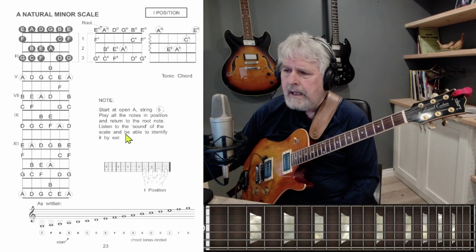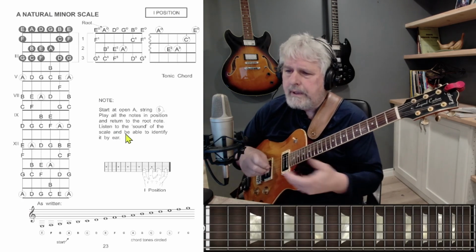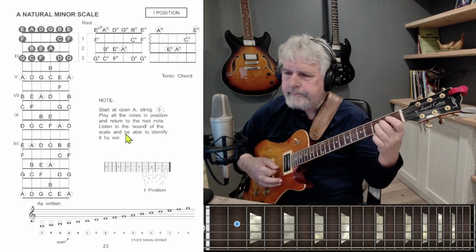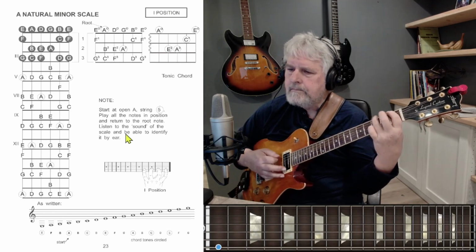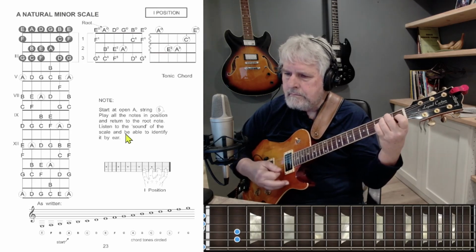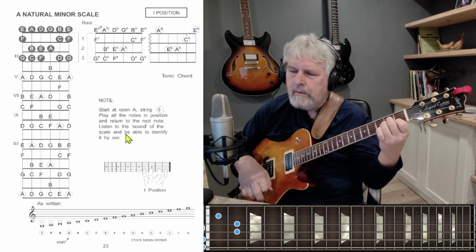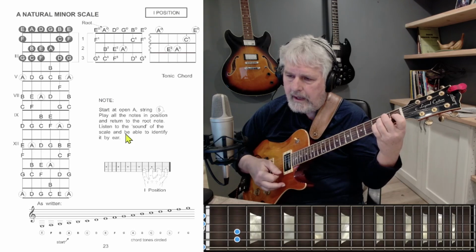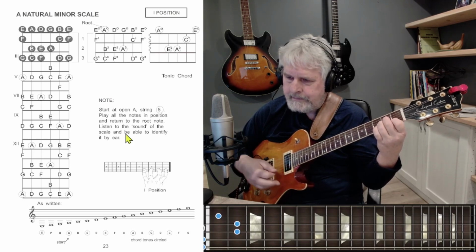Okay. Now getting it down to the fretboard, here we are on the fretboard. That's a good exercise to do, the 1, the 4, the 5, and the 1.